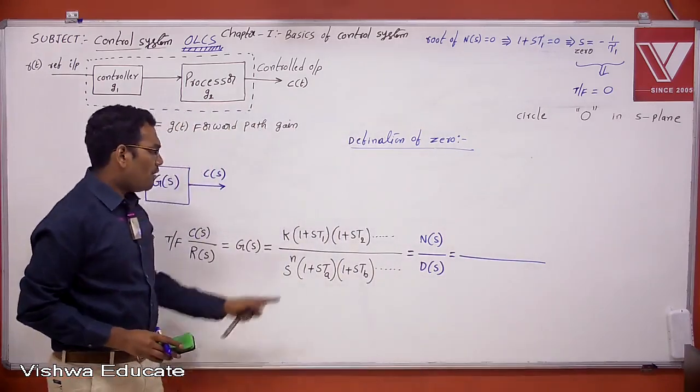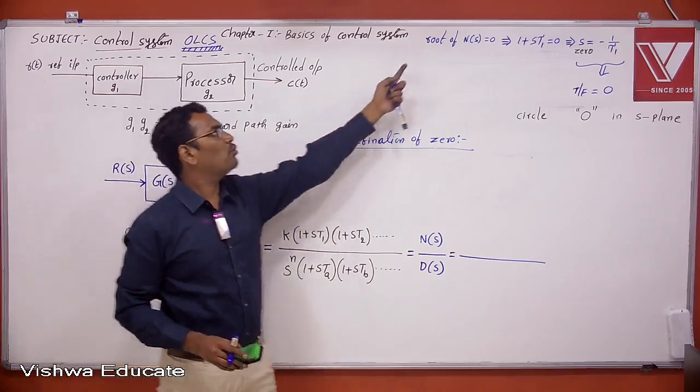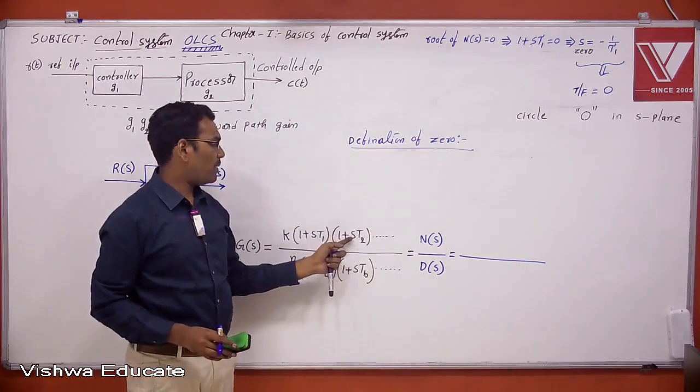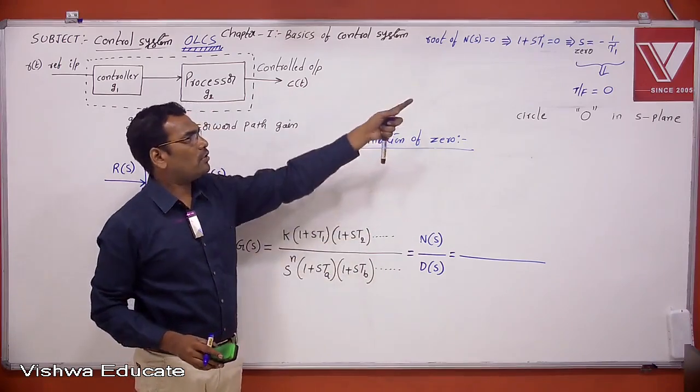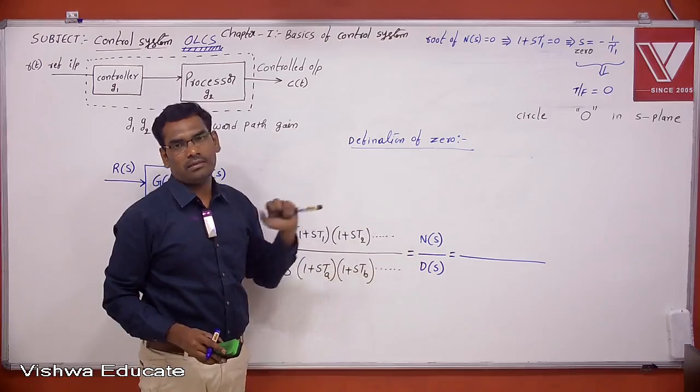Therefore, why not take this one also? Root of numerator polynomial: take the second root, 1 plus s t2 equal to 0, s equal to minus 1 by t2. Again the transfer function will become 0.